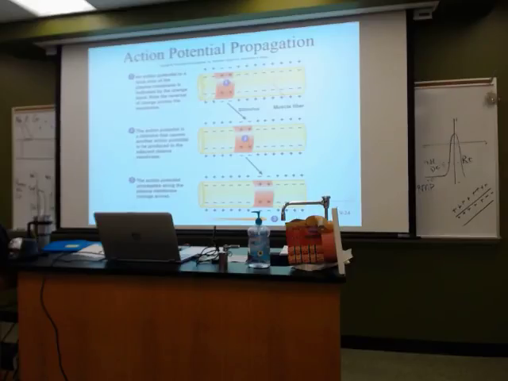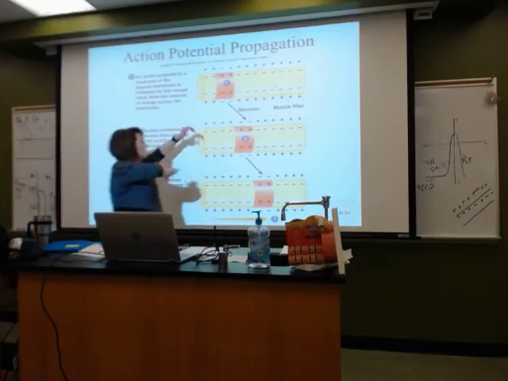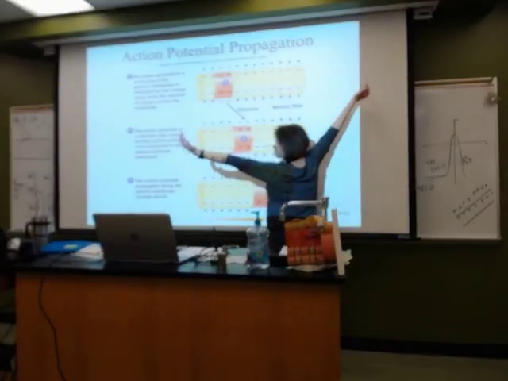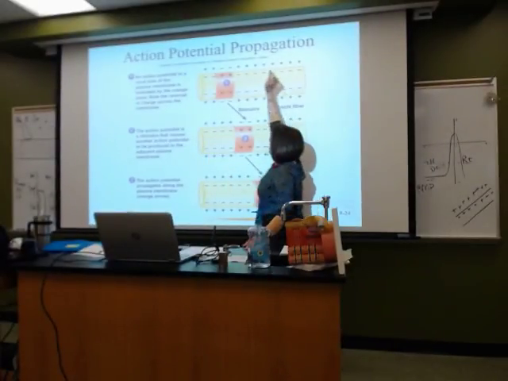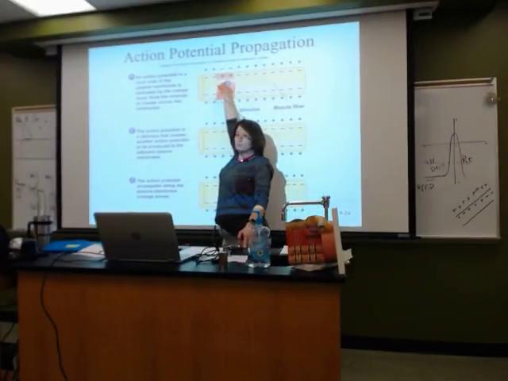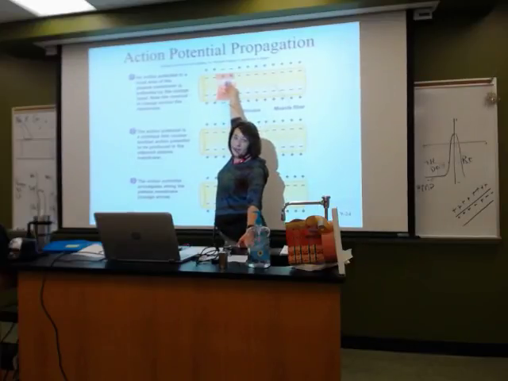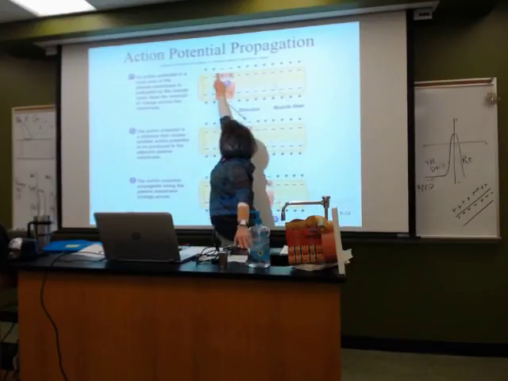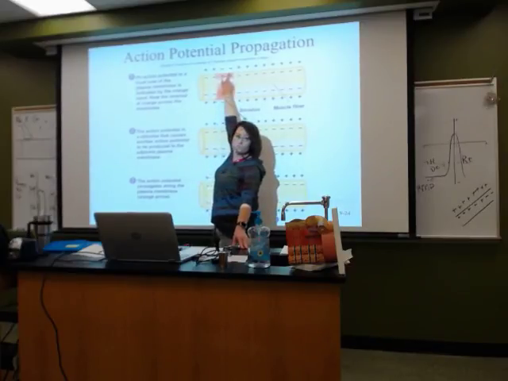Now, the way that we get to move this potential, the propagation, okay? So, let's say that along my fiber, okay, I've got the point where the nerve and the fiber meet. And I've got all my little ligand-gated channels.